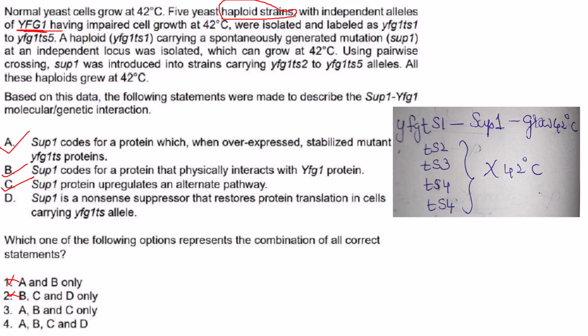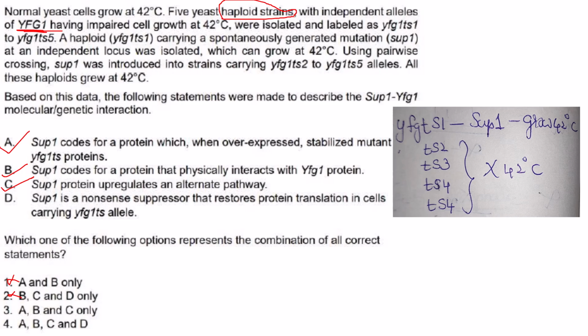That's what I told earlier when I was discussing the question. So, because it is a nonsense mutation, null allele is produced, and because of the null allele, they will result in cells which are non-functional at all temperatures.